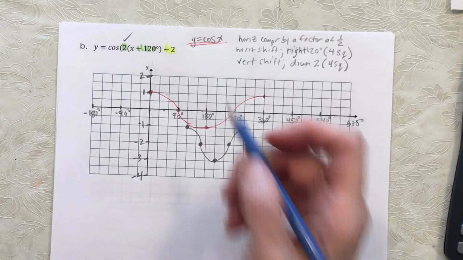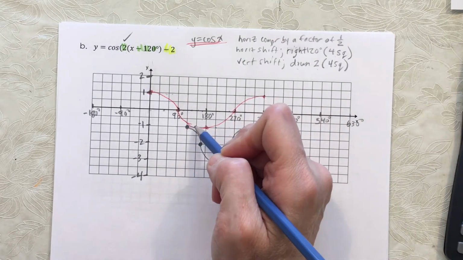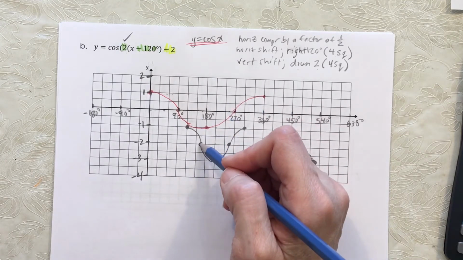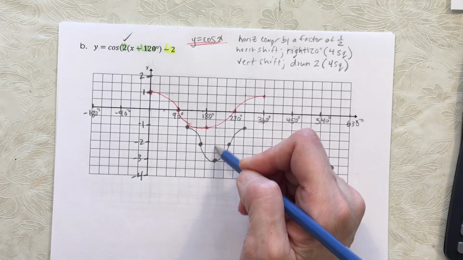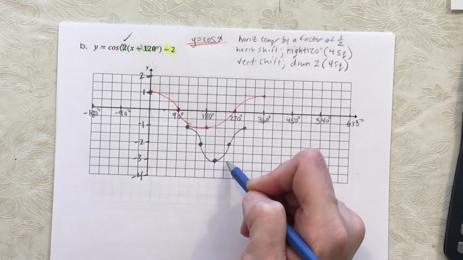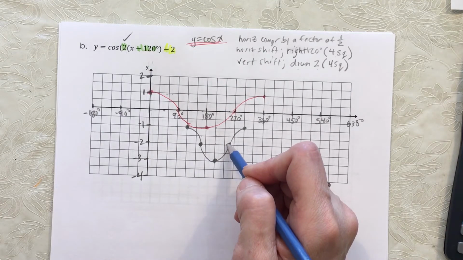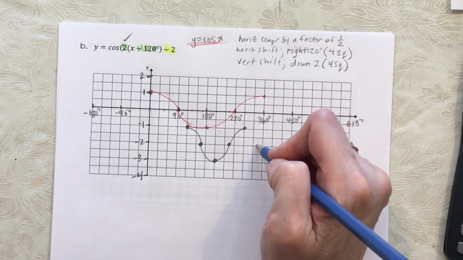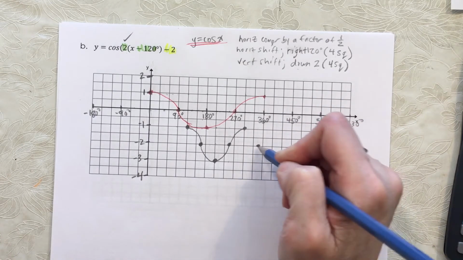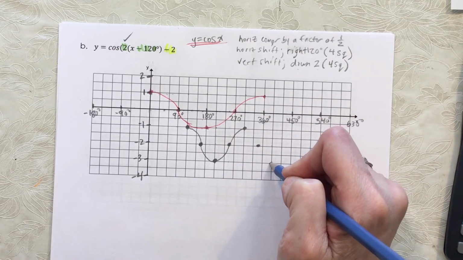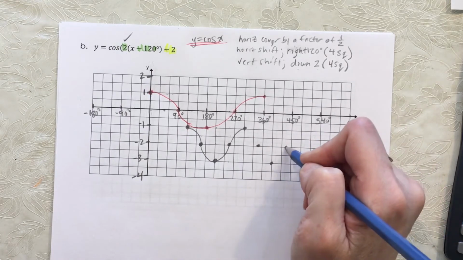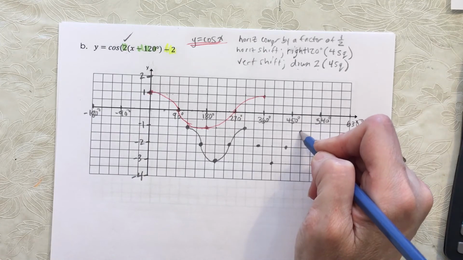So our pattern is starting here, we go over a square and a half, down 2 squares. Over a square and a half, down 2 squares. Over a square and a half, up 2 squares. Over a square and a half, up 2 squares. And then the same again: down 2, down 2, up 2, up 2.